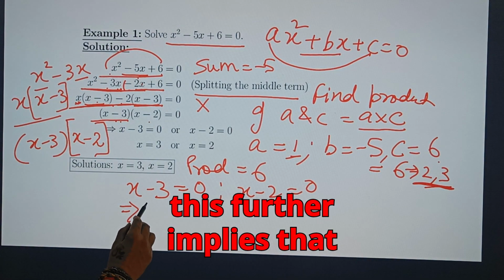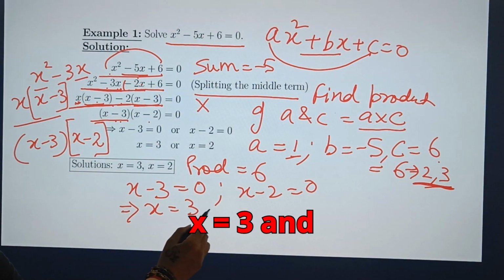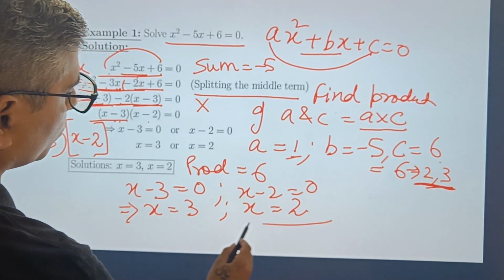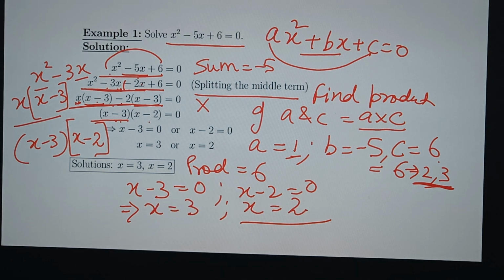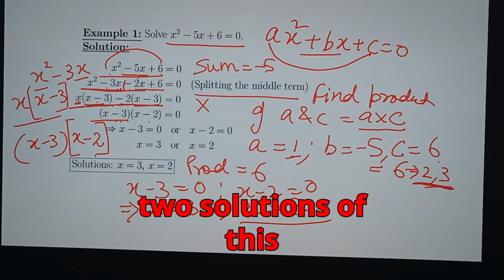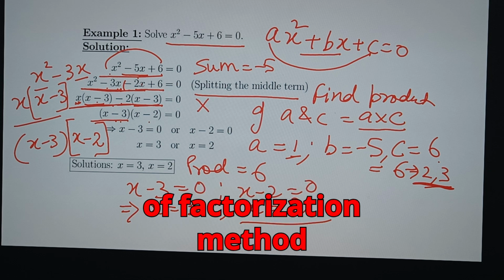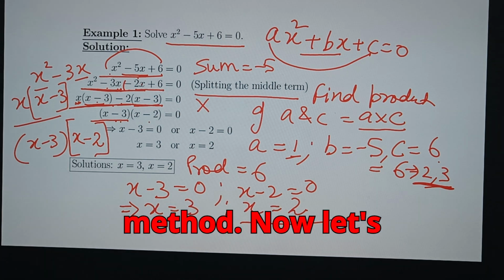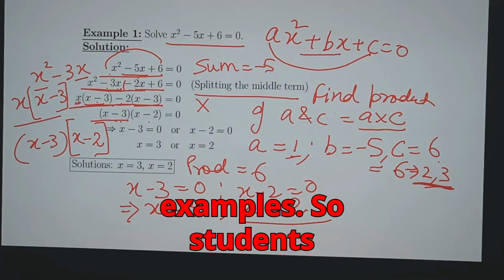This further implies that x equals 3 and x equals 2. Hence, we have our two solutions of this quadratic equation with the help of the factorization method or splitting the middle term method. Now let's understand with some more examples.